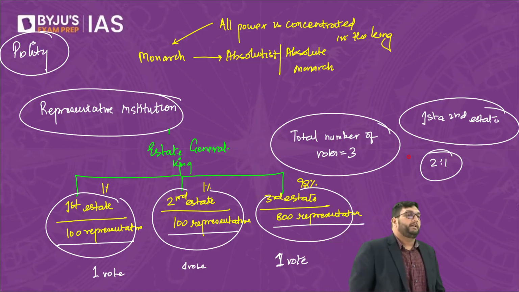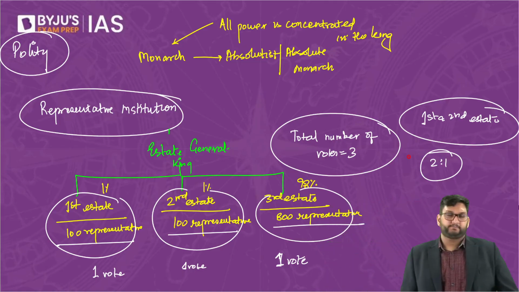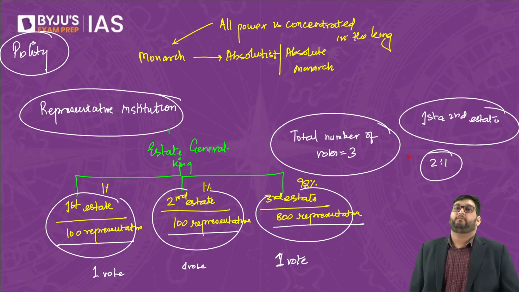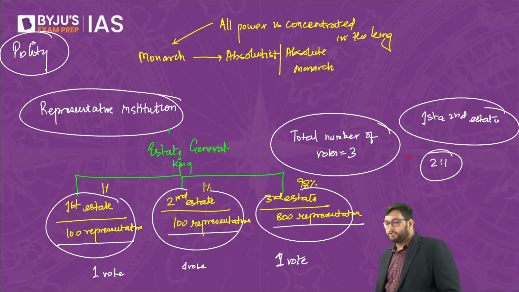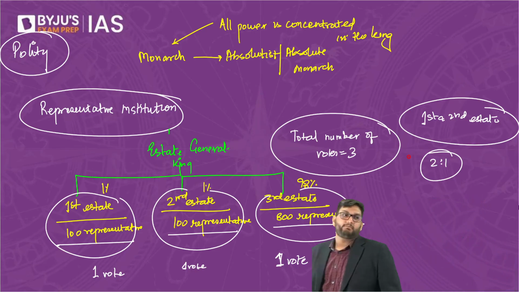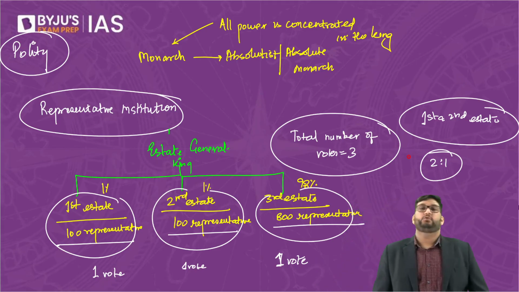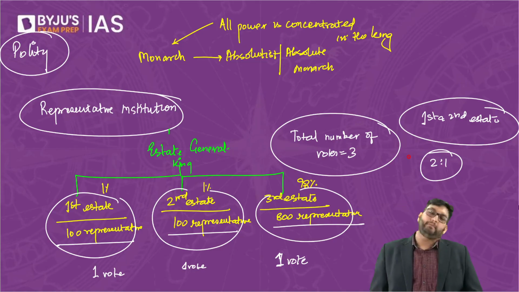I'll give you a very simple example. There are men and women in this class. There could be, for example, 80 women, 20 men. So if I say vote on something, who will dominate? The women, because they are more in number. But if I have to skew the whole concept, I can just say women have one vote, men have one vote.